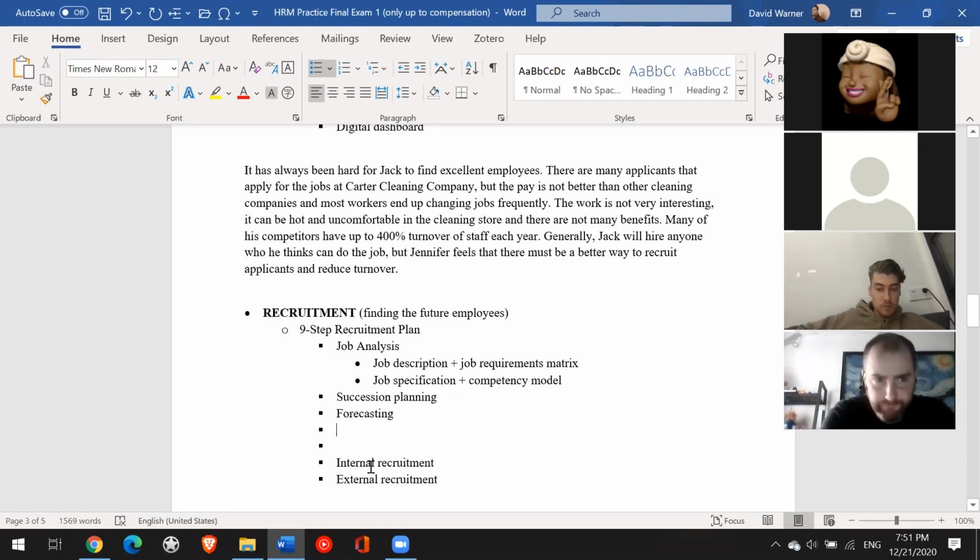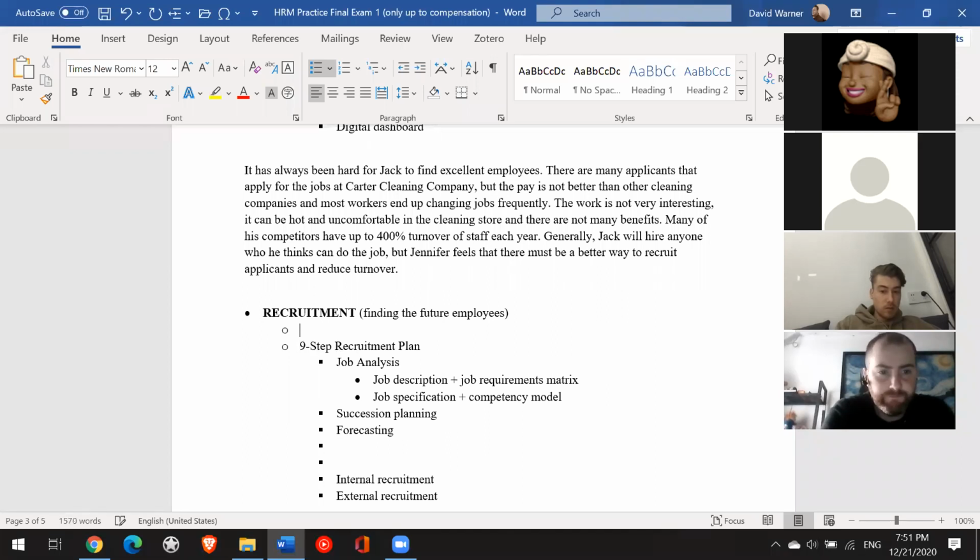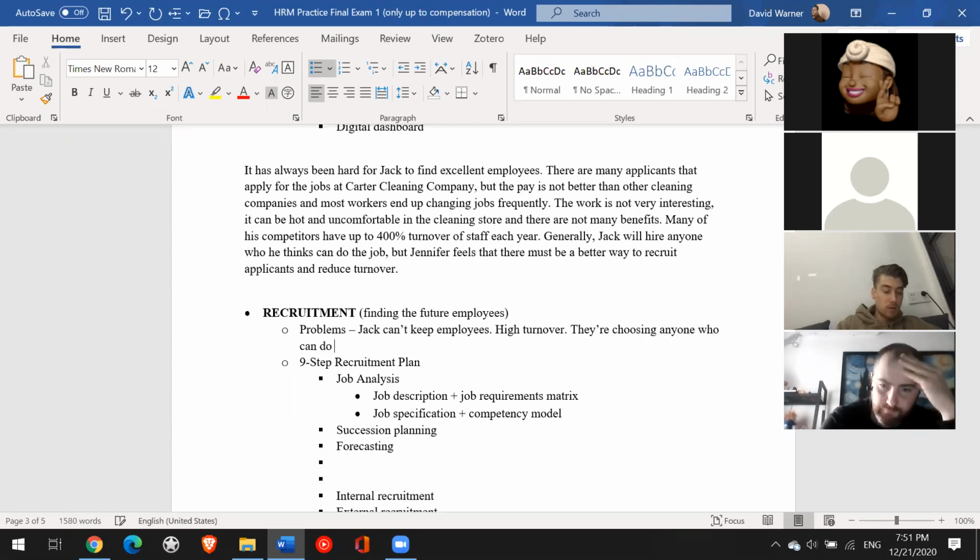Before doing internal and external recruitment, if we wanted to talk about problems, because I think that's also a good way to look at things. What are the problems? Jack can't keep employees, high turnover. They're choosing anyone who can do the job, and those people quit quickly. So how do we fix this?